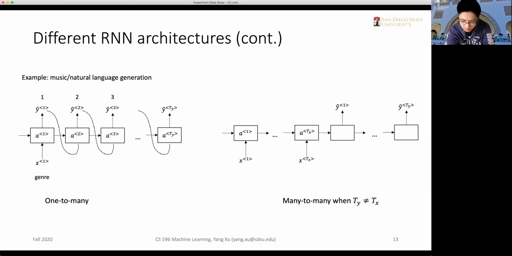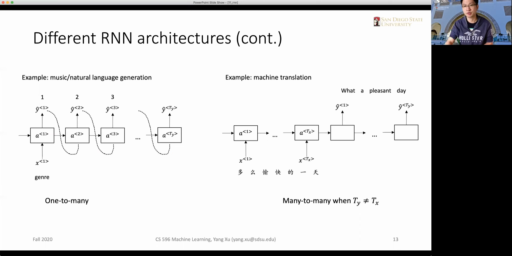Say given an input sentence that has 3 words, I want the output sentence to be of a different length, because if the task is to translate the sentence into a different language, then that second language may require a different number of words, right? Depending on the grammar, depending on the specificity of the second language. So in this case, the output length does not necessarily match the input length.